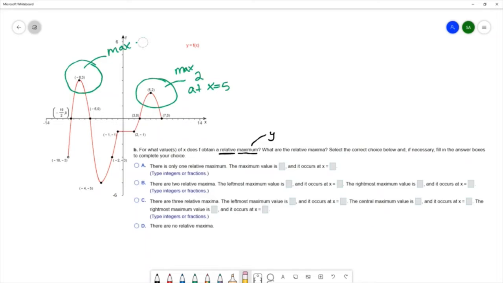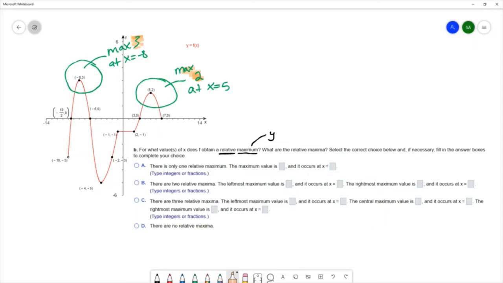A max y value of 3 at x equals -8. So these would be our relative maximums for this particular graph. Now notice that we do have one being higher than the other. So this max of 3 is higher than this max of 2.